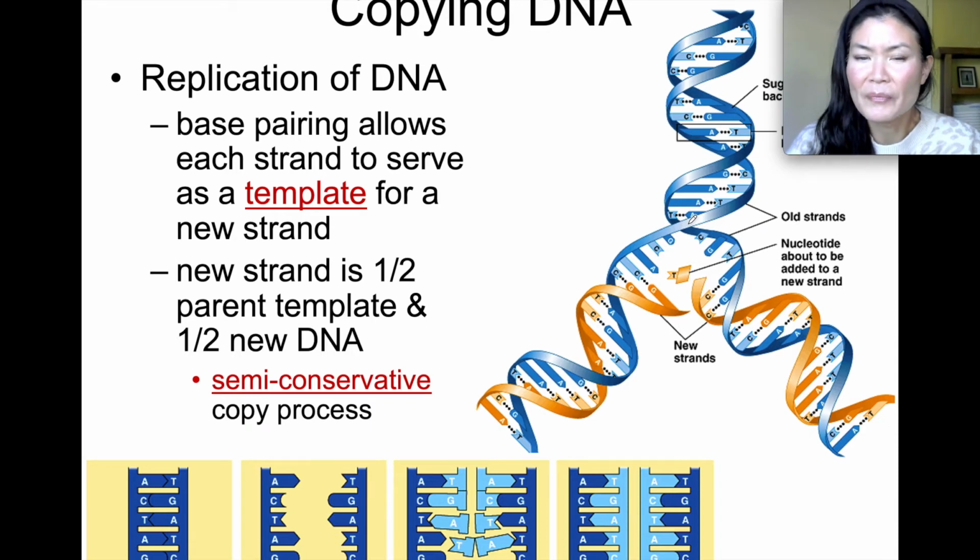Because remember, adenine pairs up with thymine, guanine pairs up with cytosine, and you're going to end up with 2 copies. When the original 2 strands separate, they act as templates to make a complementary strand.